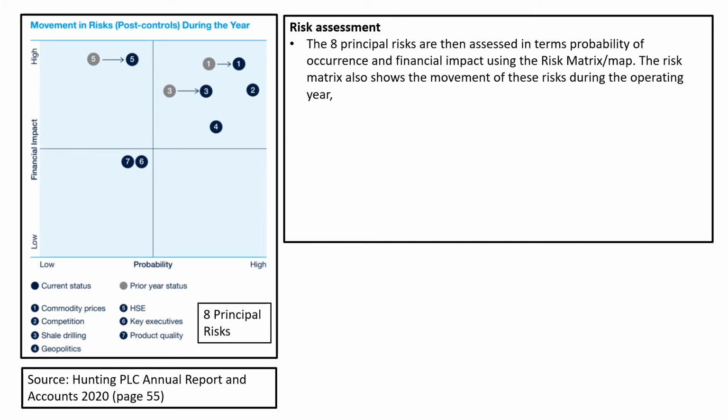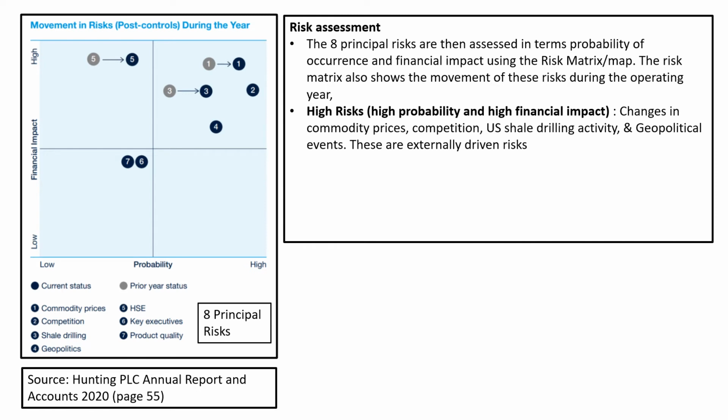The risk matrix also shows the movement of these risks during the operating year. High risk, which is high probability and high financial impact, are changes in commodity prices, U.S. shale drilling activity, and geopolitical events. These are externally driven risks.